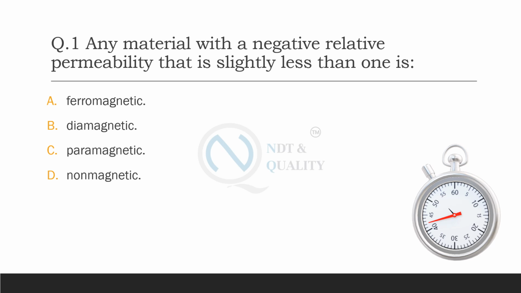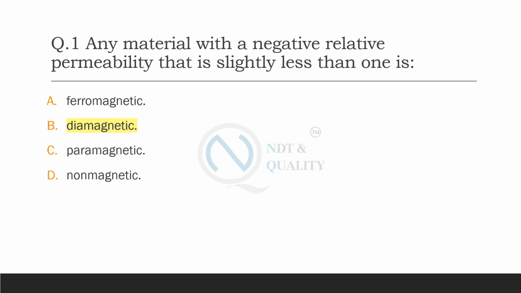Non-magnetic materials do not have permeability. The right answer is diamagnetic, because diamagnetic material has negative relative permeability. Let us check the answer. So the right answer is diamagnetic material. Let's go to another question.